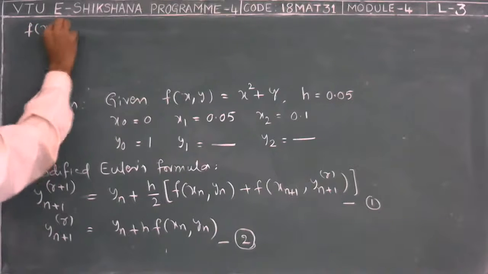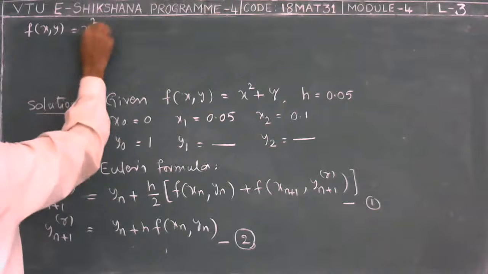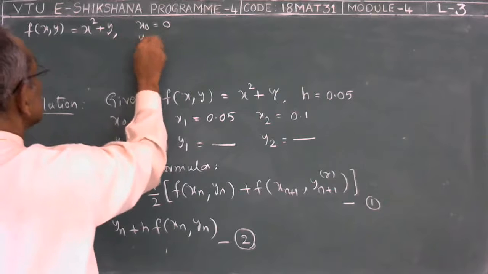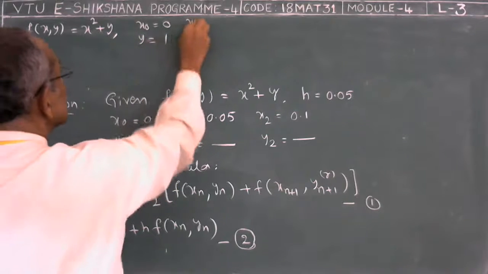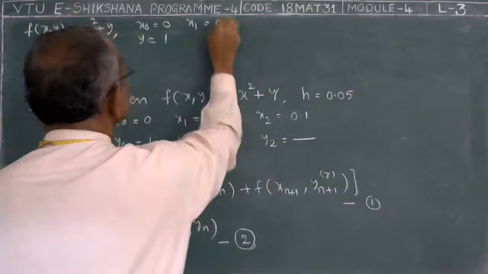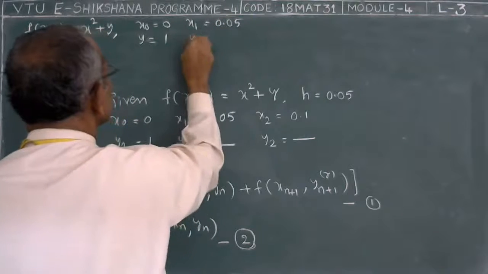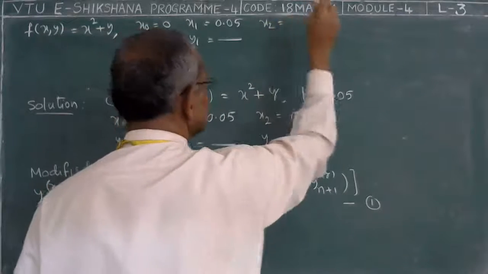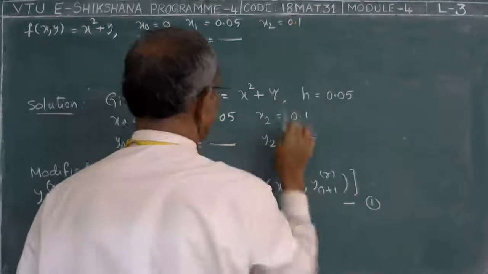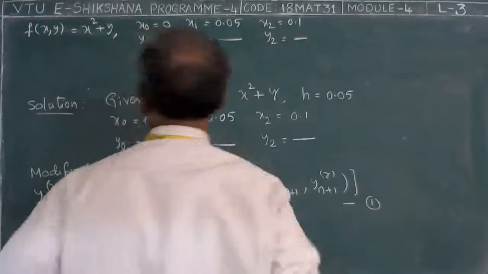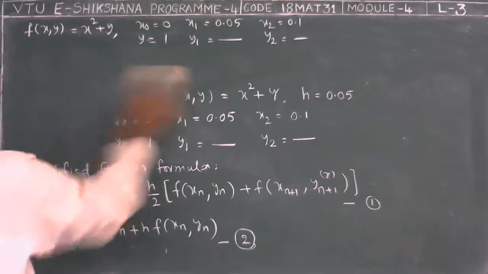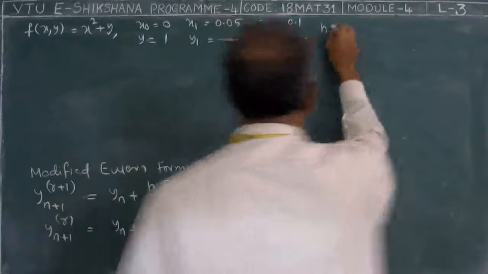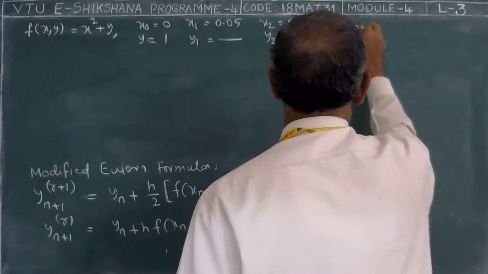I need f of x comma y is equal to x square plus y. x naught is 0. y naught is 1. x1 is 0.05. y1 we have to find out. Then x2 is 0.1. y2 we need to find out. h is 0.05.